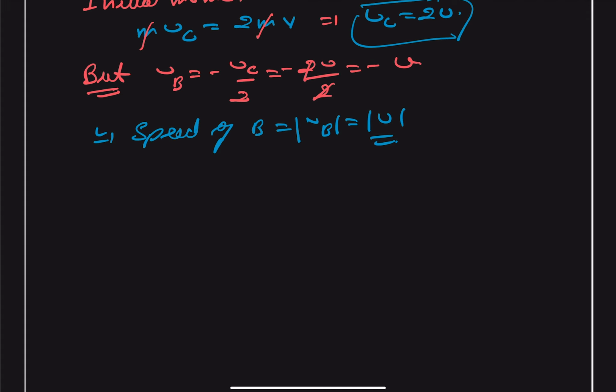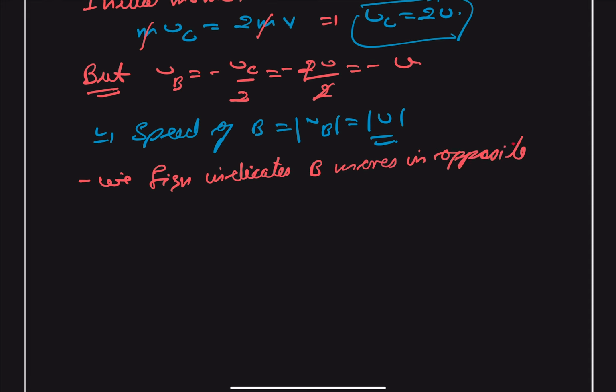So we can just put it here: the negative sign indicates B moves in the opposite direction. That's all.